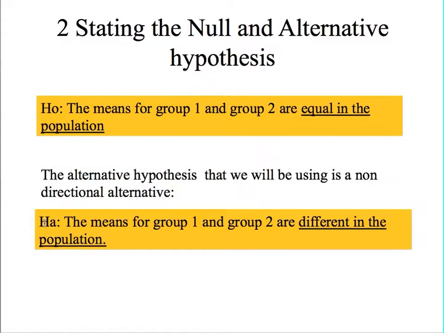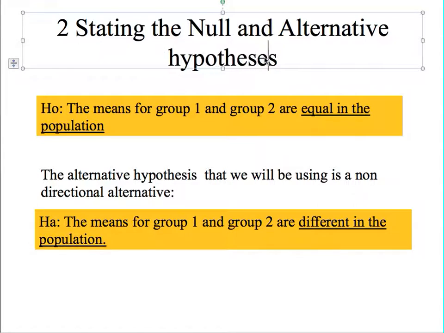Okay, so down to what I think is the most important step in a hypothesis test, stating the null and the alternative hypothesis. Let me correct this typo first. All right, so the null for a t-test for difference in means is that the mean for group 1 is equal to the mean of group 2.